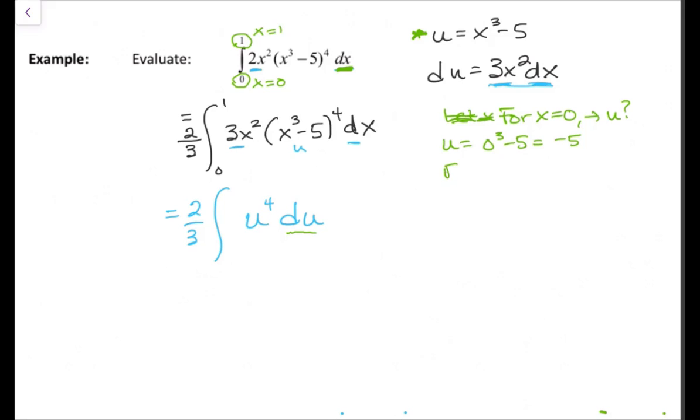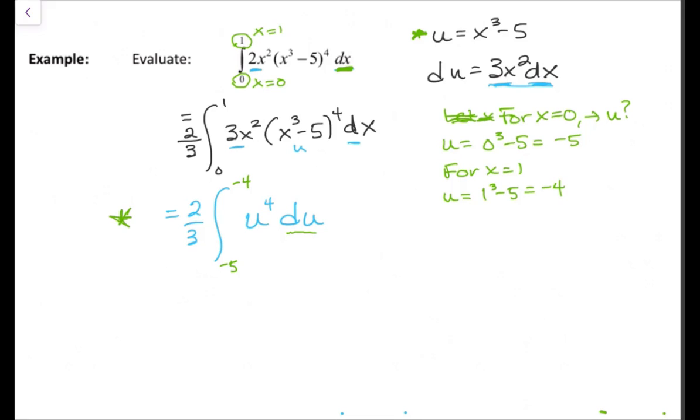Then I'm going to do that same thing for the upper limit of integration, x equal to 1. If I plug that into that formula for u, I've got 1 cubed minus 5, which gives me -4. So that means back over here in my new integration, I'm going to be integrating from -5 to -4. Now my limits of integration are u values instead of x values.